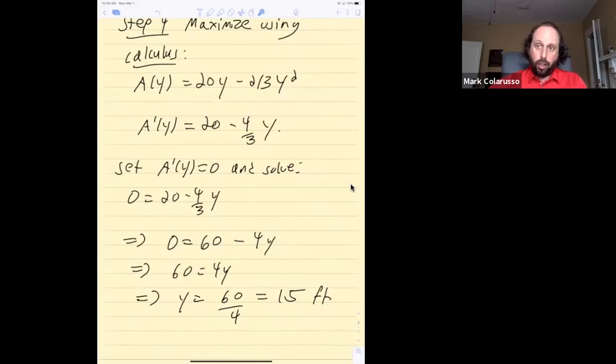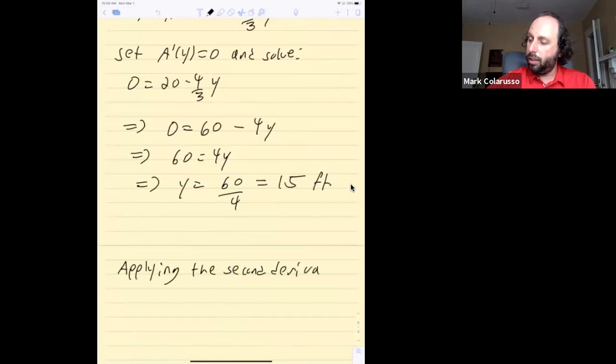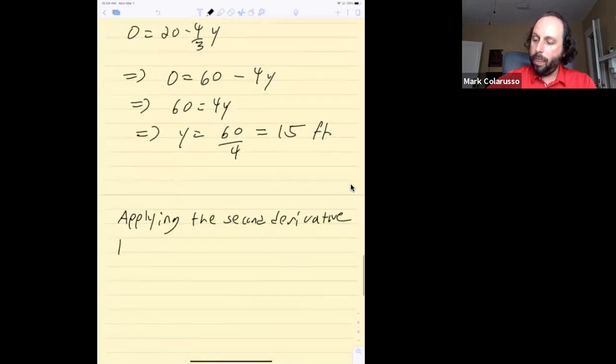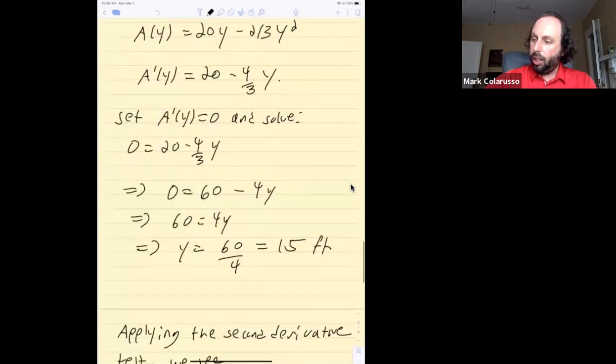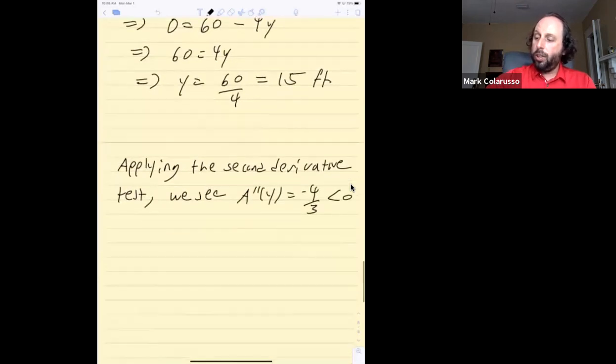But we can again apply the second derivative test. We see A double prime of y is minus 4/3, which is negative. So y equals 15 feet yields a maximum.